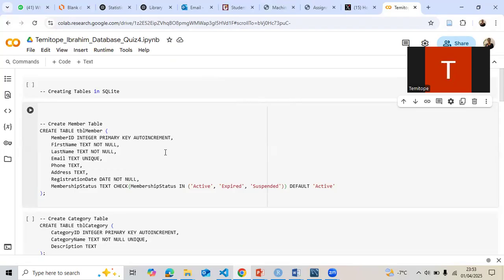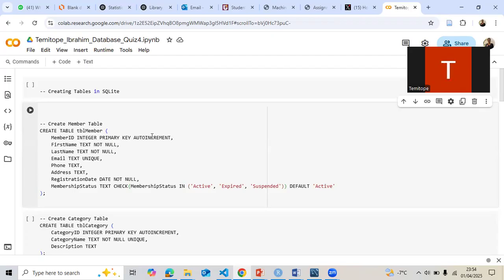These are the commands for the table creation in SQLite. I say create table, member table. What are the things that I want to put in that table? Those are the things I wrote here. The member ID, of course, is an integer. Integer means number, like 1, 2, 3, and all that. And it is a primary key, which is auto increment, like member 1, the next number will be member 2, member 3.